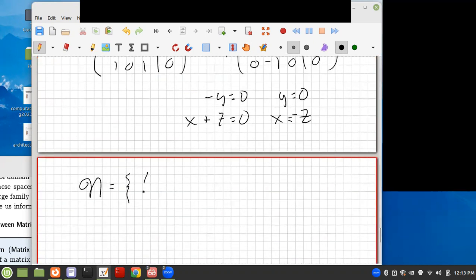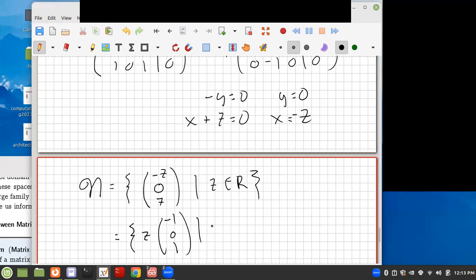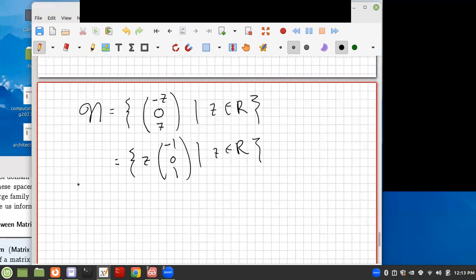Well, that's all the vectors of the form y is 0 and x is minus z, where the free variable z is any member of R. So we can then write this as z times minus 1, 0, 1, such that z is a member of R. And clearly, this is a one-dimensional space, so the dimension of the null space equals 1, because this is the basis vector.